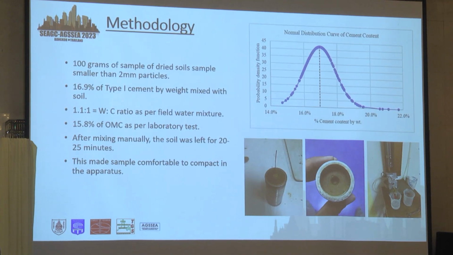In the methodology, the soil cement content from the field investigation was calculated, and a similar pattern of soil cement column was illustrated in the lab. In this case, 16.9% cement was mixed with the soil sample, and the samples were mixed together and compacted in a pinhole apparatus.